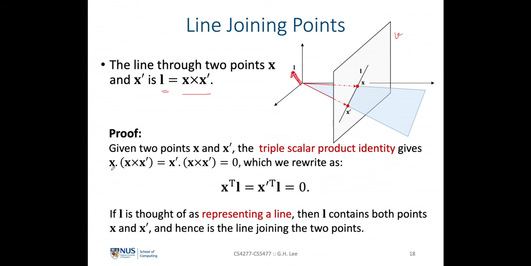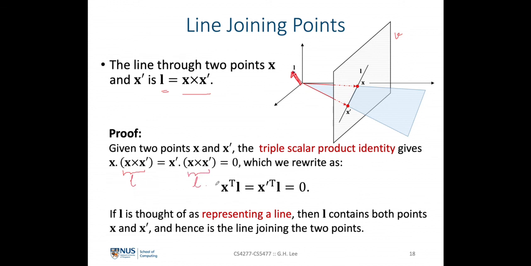It gives x dot with x cross x prime is going to be 0, as well as x prime dot product with x cross x prime is also going to be 0. Since the cross product is going to give another vector, a 3-vector, we can rewrite this part as L, and this part as L2.